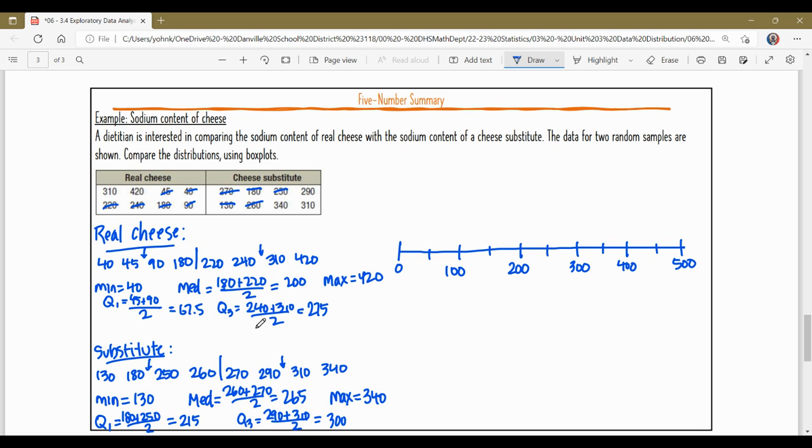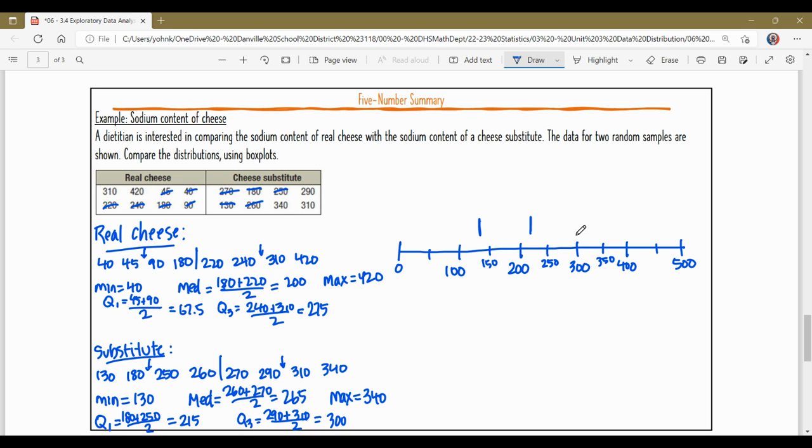All right, let's do the substitute one first because it's going to go on the bottom. The minimum is 130. Remember, that's 150, so 130. Q1 is 215. So this is 250. It might be helpful to put these in. So 215 would be right here.